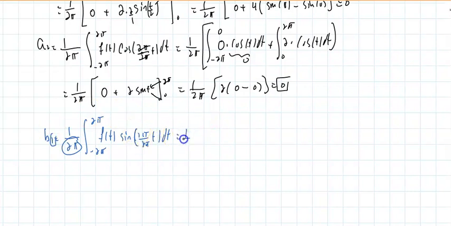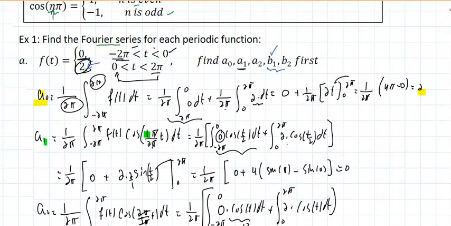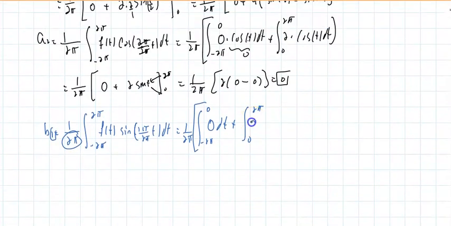And that turns out to be 1 over 2 pi, the integral from negative 2 pi to 0, that's 0, no need to write that, right? Plus the integral from 0 to 2 pi, and f of t in our case here is just a 2, times the sine of t over 2 dt.